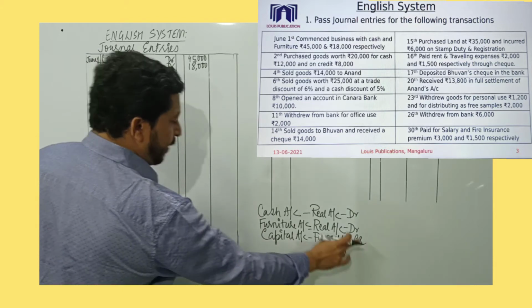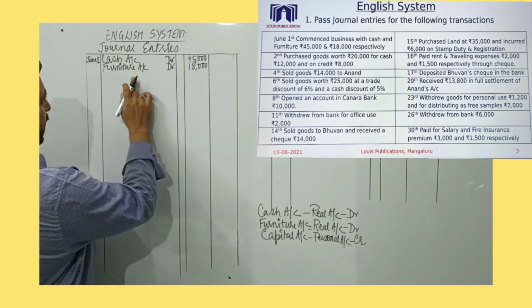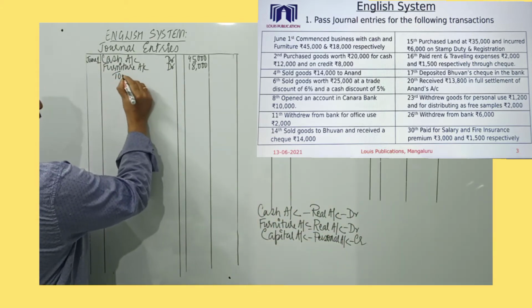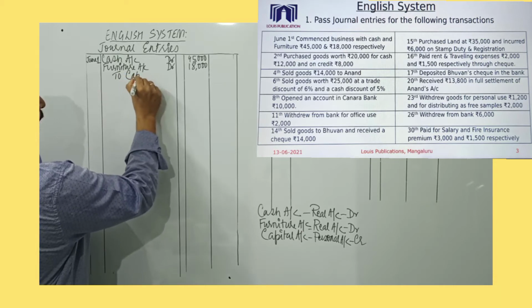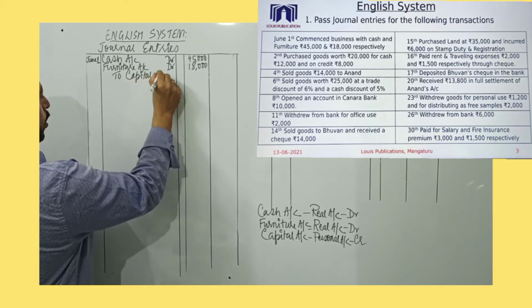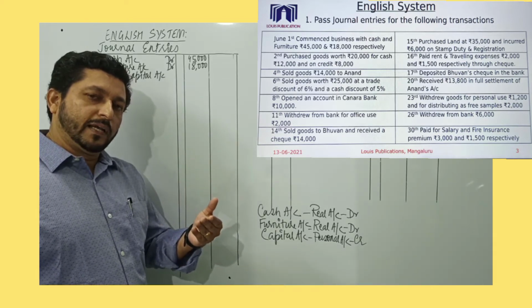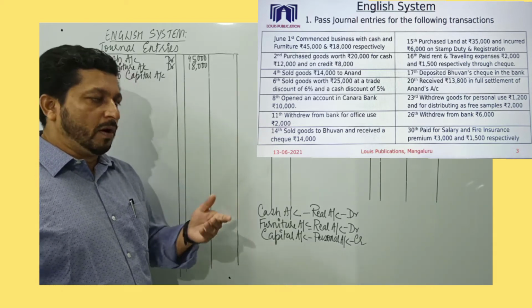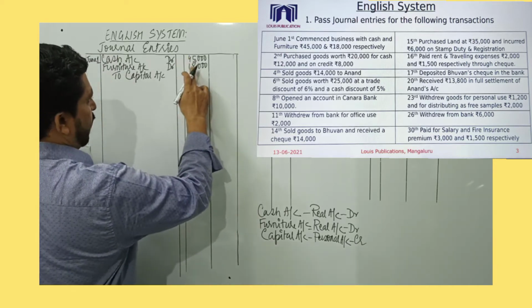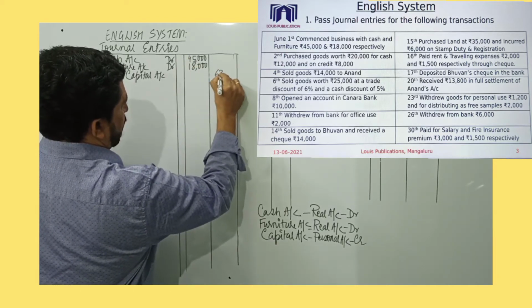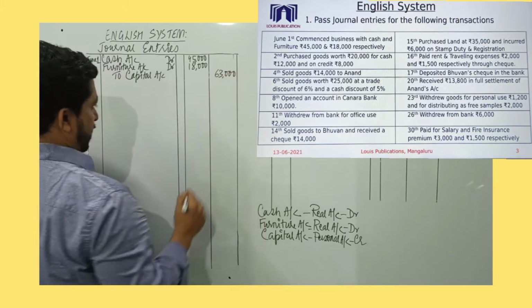And then we have capital account credited. Credit aspect, as if we are starting a new paragraph, I record over here to capital account. So total capital of the businessman. Man can bring capital in the form of cash, in the form of assets, in the form of goods. So 63,000 will be the capital of the businessman.